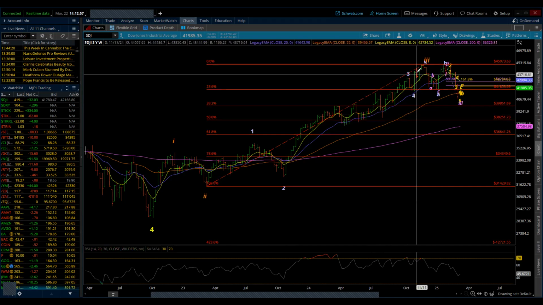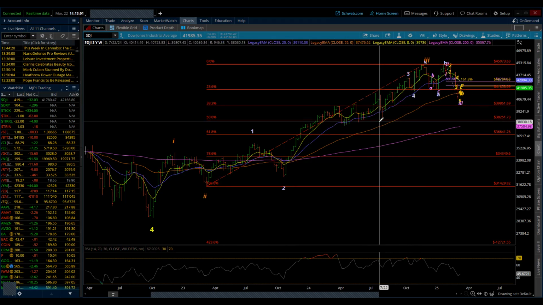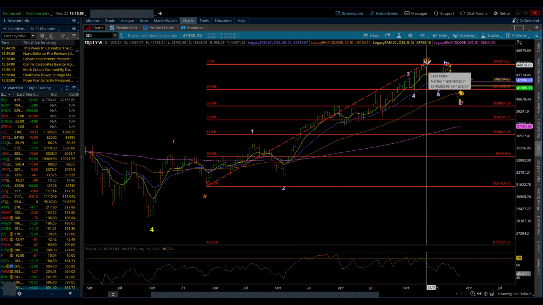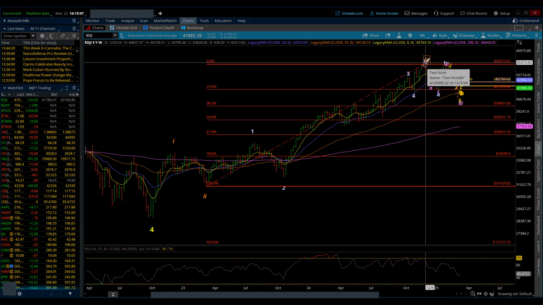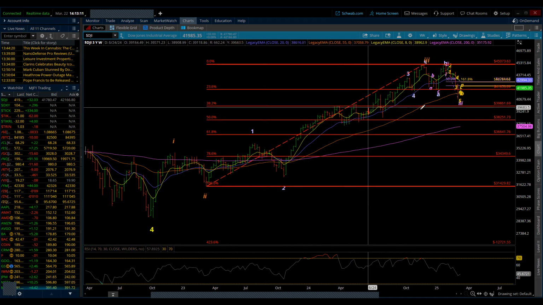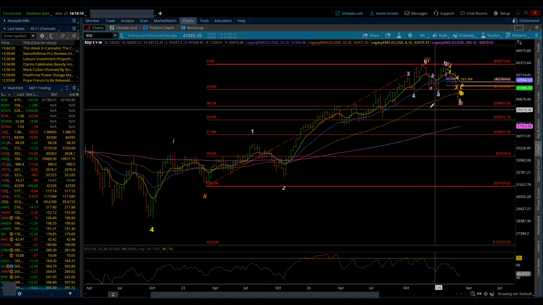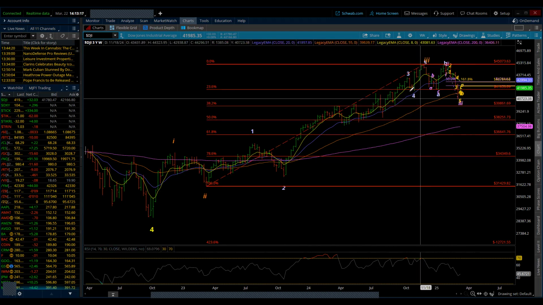So again, do I need to move that down? Do I need to move this down? 1, 2, 3, 4, 5 for this minute fifth wave? And that very well could be. Why? Because of where we're lining up to find our support for this minor fourth wave.